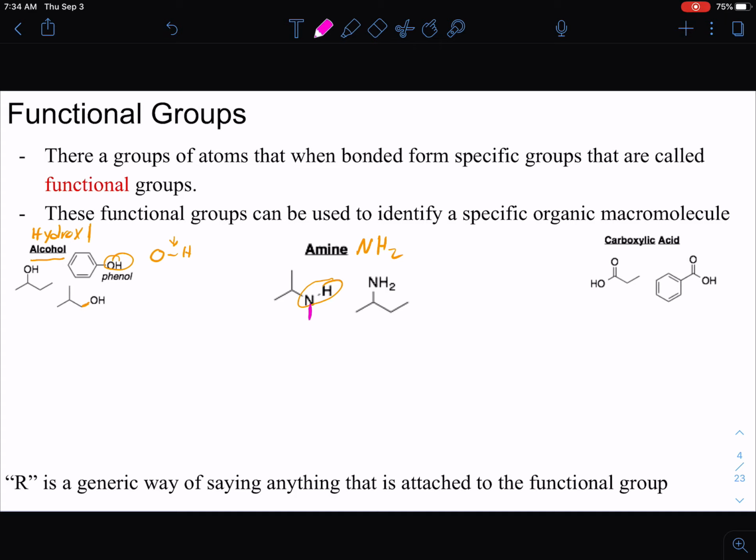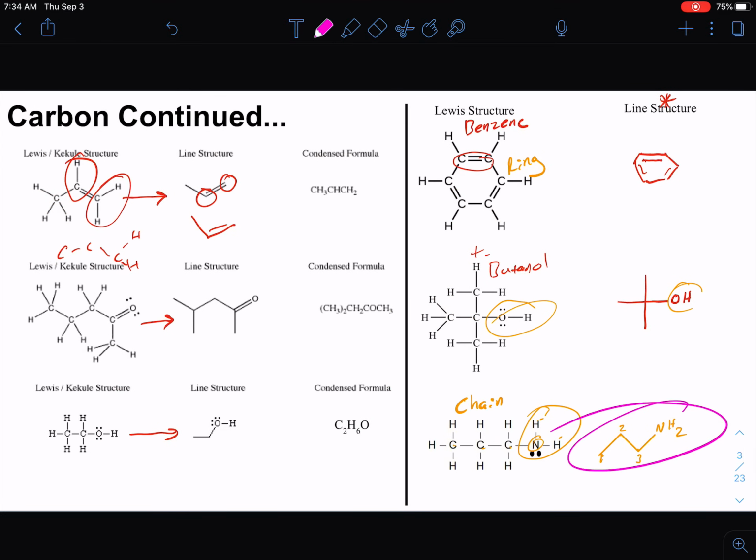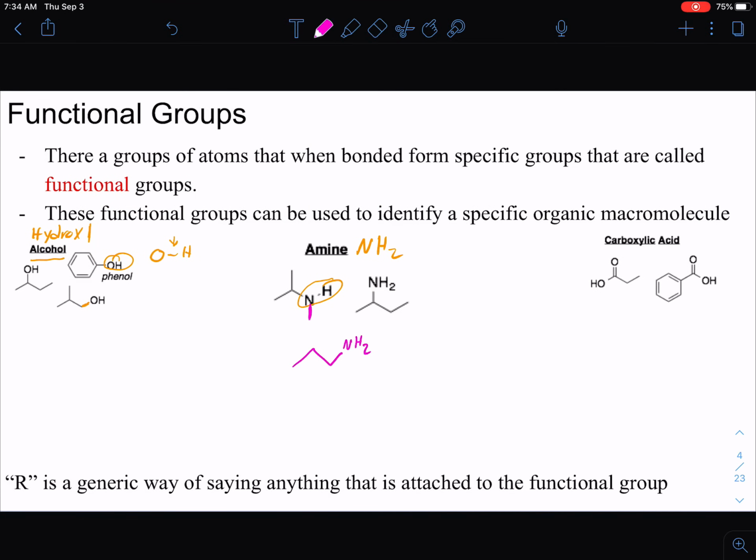It's still an amine even though it's only 1 hydrogen. Anytime you see that NH2 just sitting there, that's an amine. You'll see a lot of amines with your proteins.